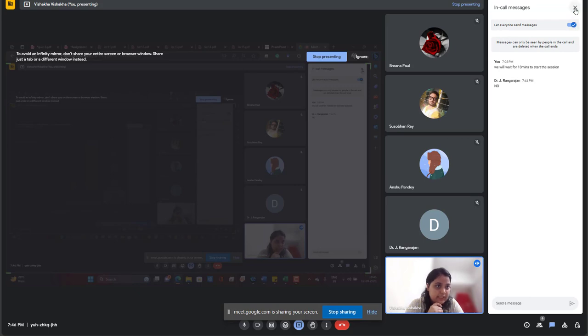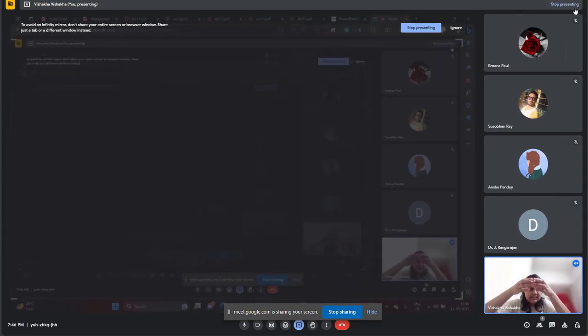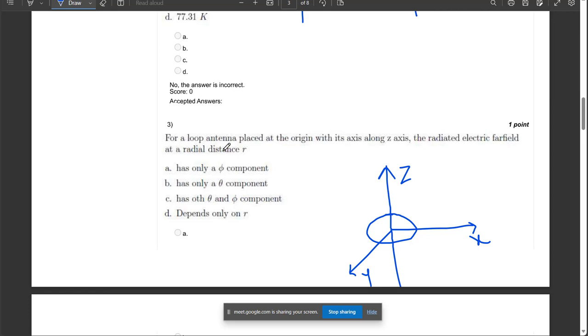Think about it. This is a z axis loop antenna, so find out whether at far field it is a function of theta, phi, r, or a combination of these. Think about it and tell me.